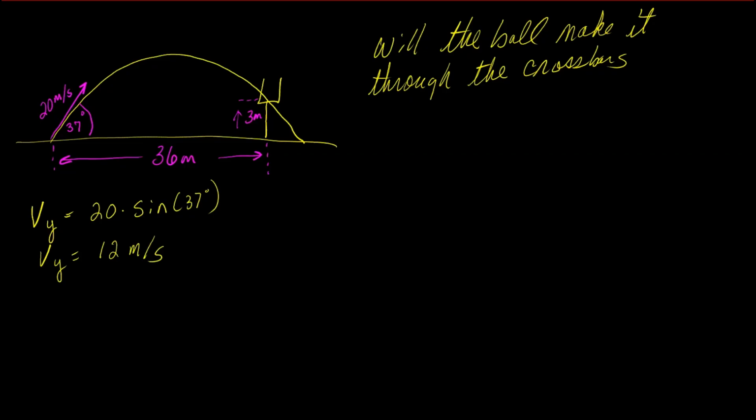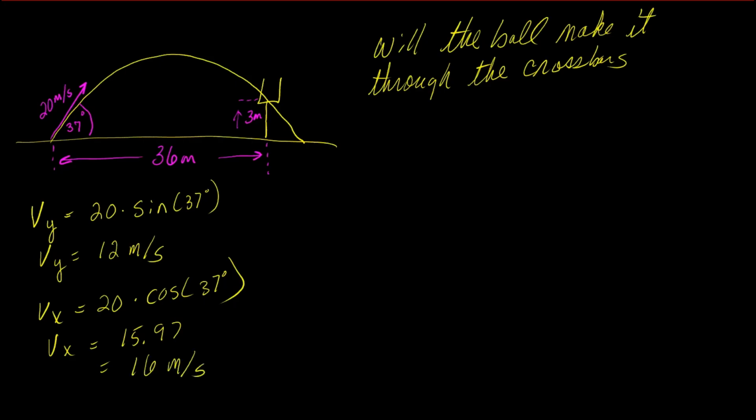The velocity along the x-axis will be 20 times the cosine of 37 degrees. So velocity along the x will be 15.97-ish. So we're going to round that off to 16 meters per second to make life a little easier here.